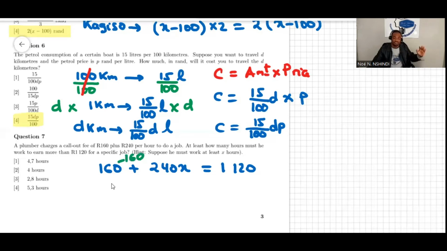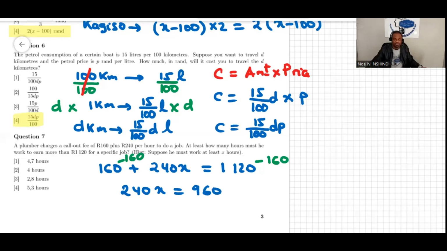If you minus 160 on the left, you must also minus 160 on the right. So we minus 160 on the right. And then this will be equal to 240 X equal to 1,120 minus 160, which is 960.